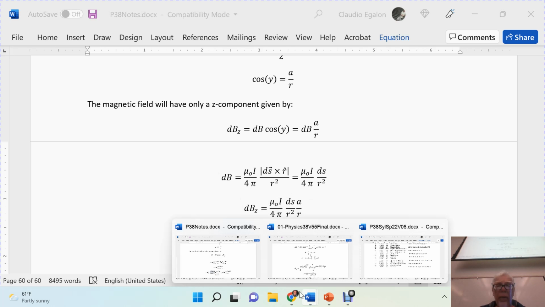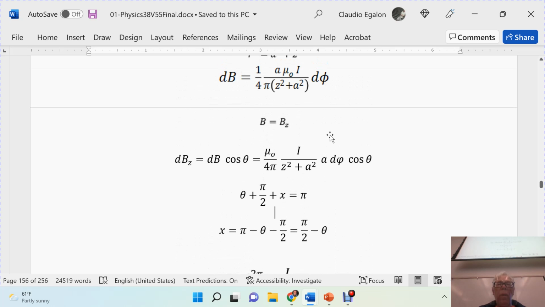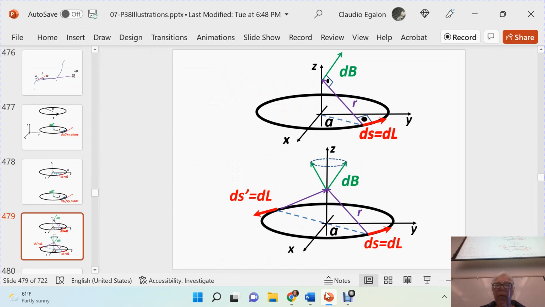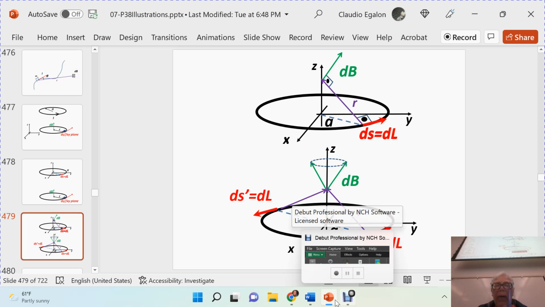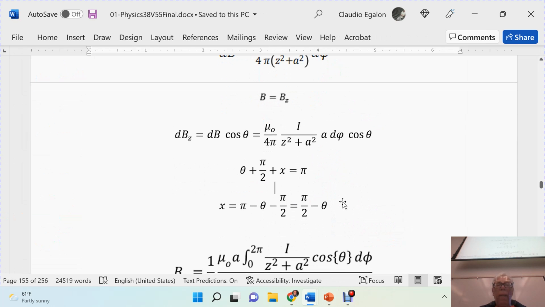Let's take a look here at the drawing. The theta, this one is what I called the cosine; in reality it is the theta.